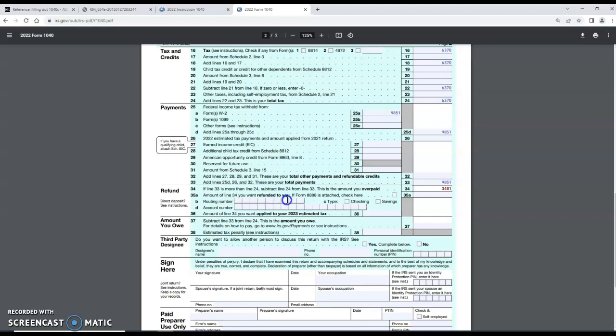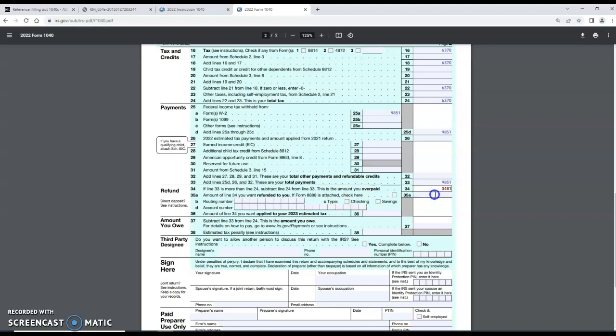But there are situations, especially if Thomas had his own business, where he might want to apply some of his refund toward those estimated payments that he has to pay, as opposed to getting it back in his hand, and then having to turn around and make out a check to the IRS for the estimated payments. He can just take this part of this refund and apply it towards what he owes.